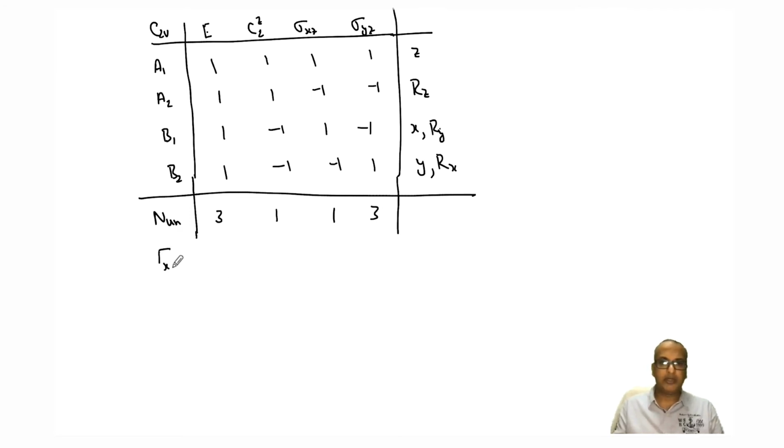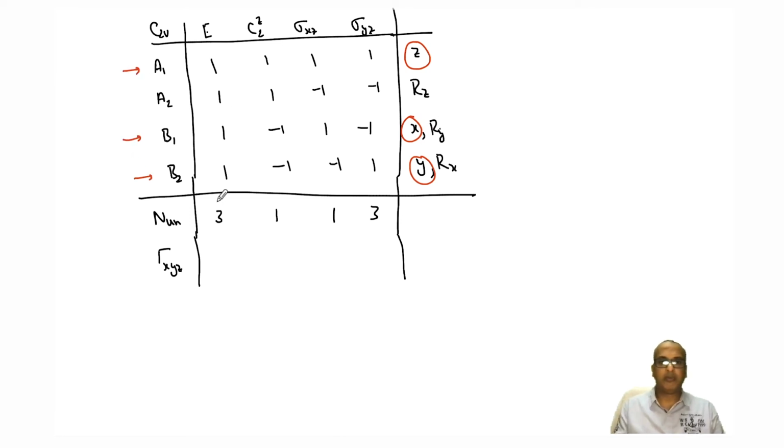Then the second step is to find out the sum of characters for the IR representations for which X, Y, and Z are forming the basis. So Z is the basis here, X is the basis here, Y is the basis here, and I am going to sum these 3.